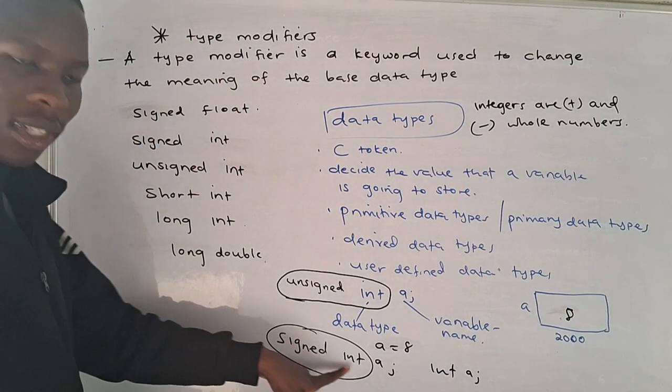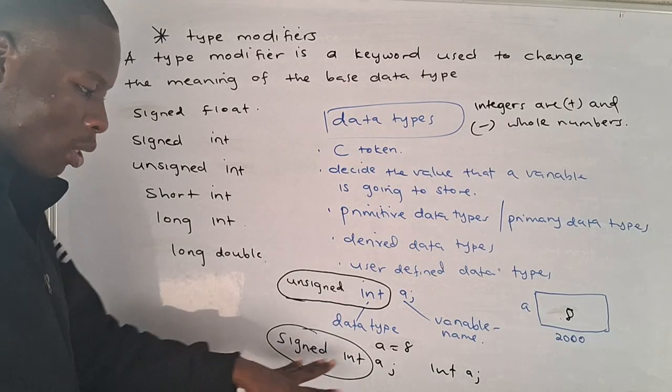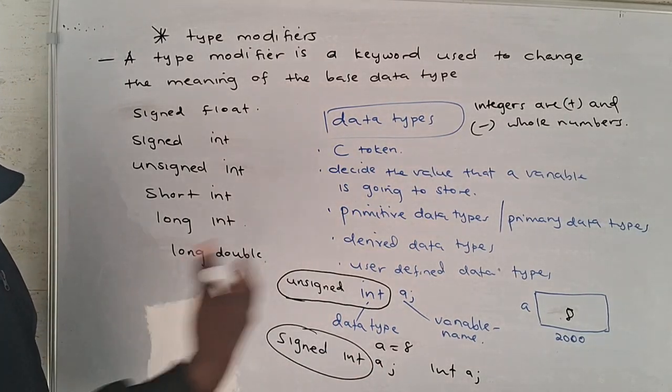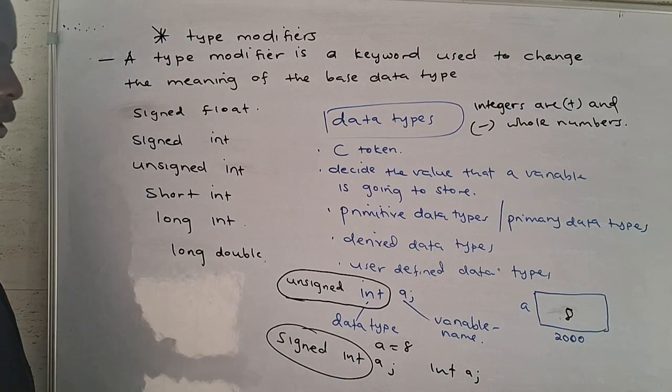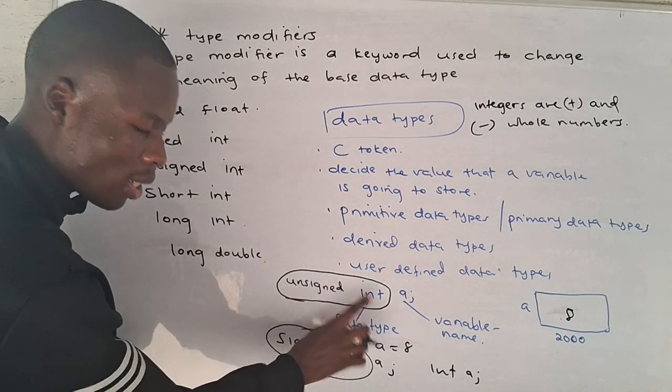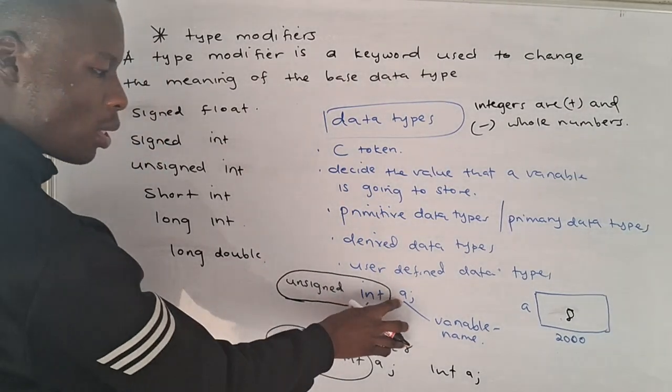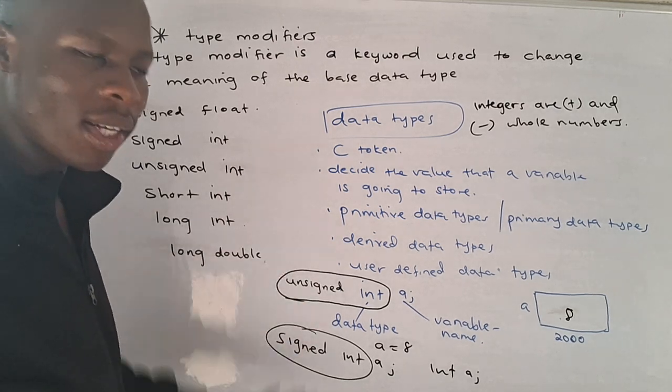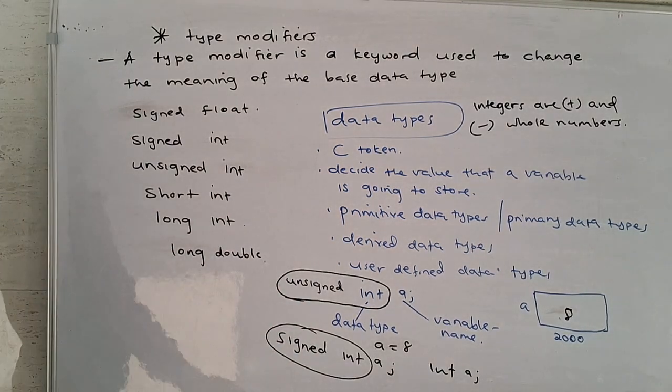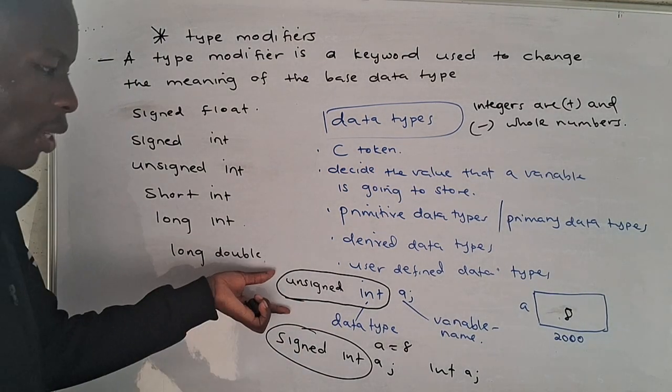But if you write signed int A, it simply means A is going to take both positive and negative integers. Now if you write unsigned int, what is the meaning now? It means A is going to take only positive numbers. So what happened in this case?